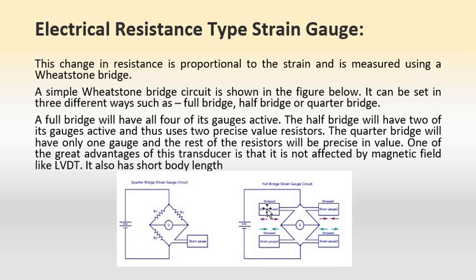Due to the effect of electromagnetic field there is a chance that our resistance value may change, but in this case no such electromagnetic interaction is coming here. As a result it is somewhat more efficient compared to LVDT on that point.